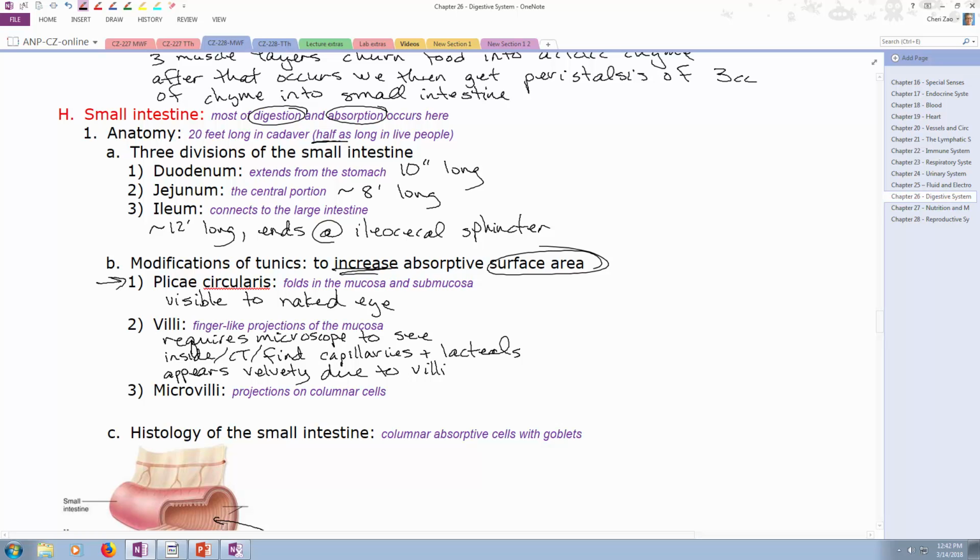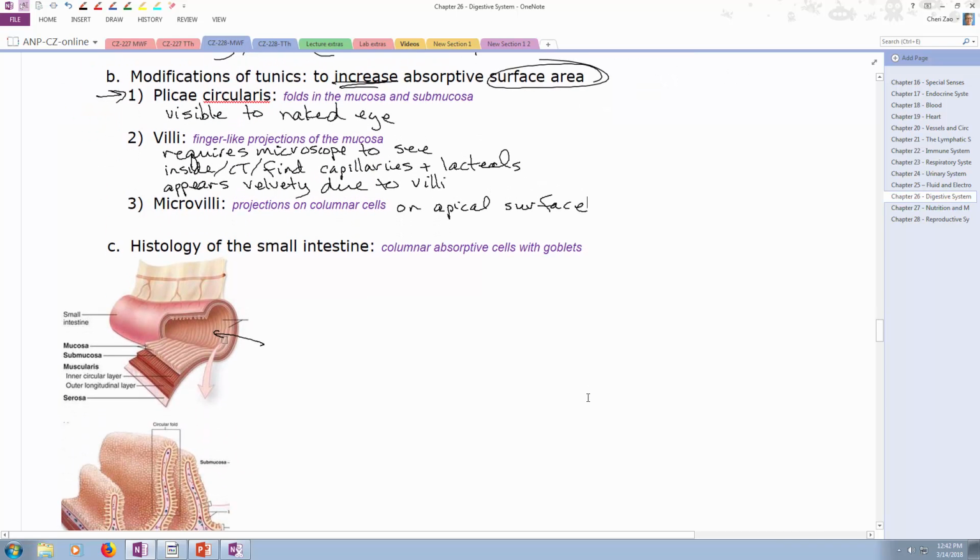However, the microvilli, remember, are the projections on the columnar cells on their apical surface that project into the lumen. Associated with their surface on the microvilli, we have surface enzymes for further digestion.